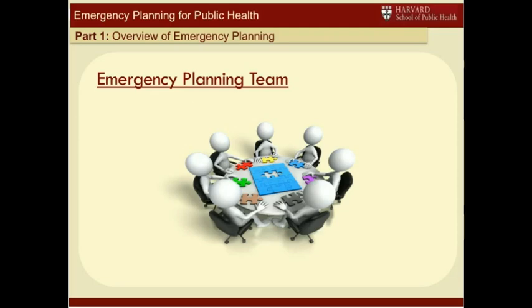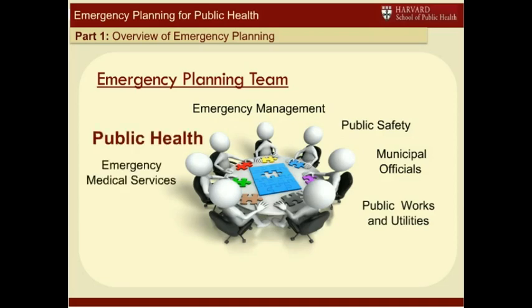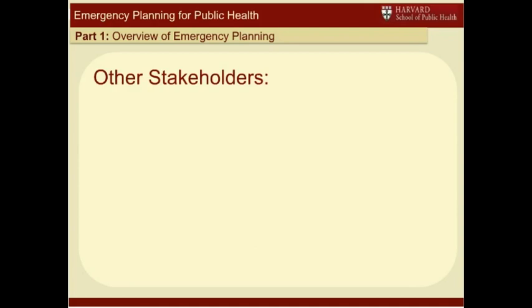Potential partners include local emergency management, public safety, including law enforcement and fire service, municipal and government staff, public works and utilities, including private power companies, public health agencies, emergency medical services such as EMS and healthcare facilities, and community stakeholders. Let's talk about these other community stakeholders.